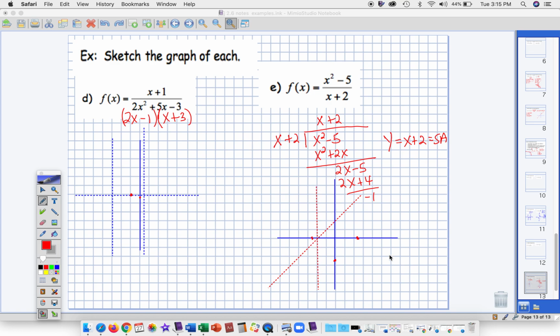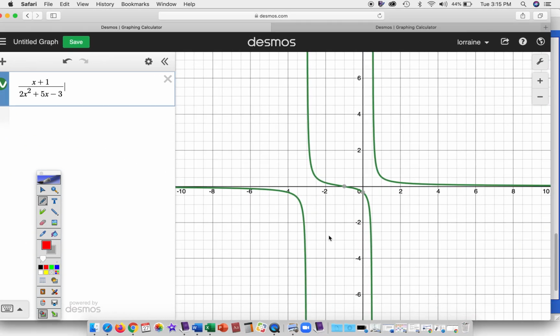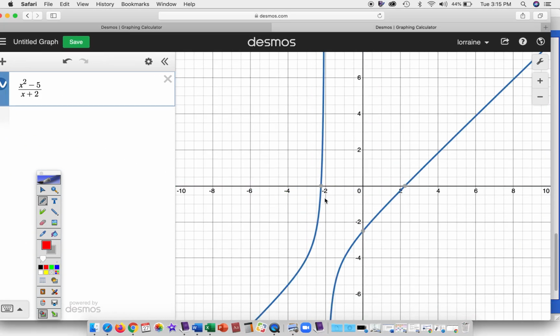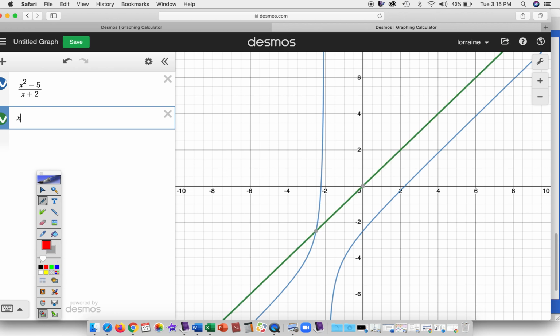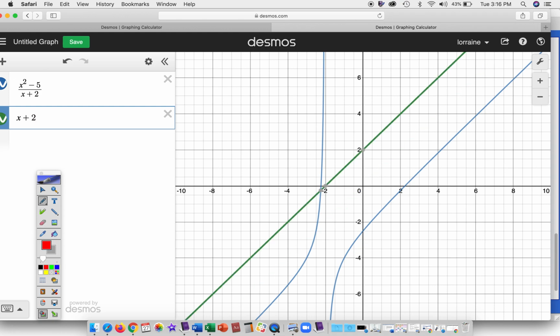So when we put all that together, plot some points, you should end up with two curves that look like this. And you can see with that line of x plus 2, was it? Oops, or was it -2?